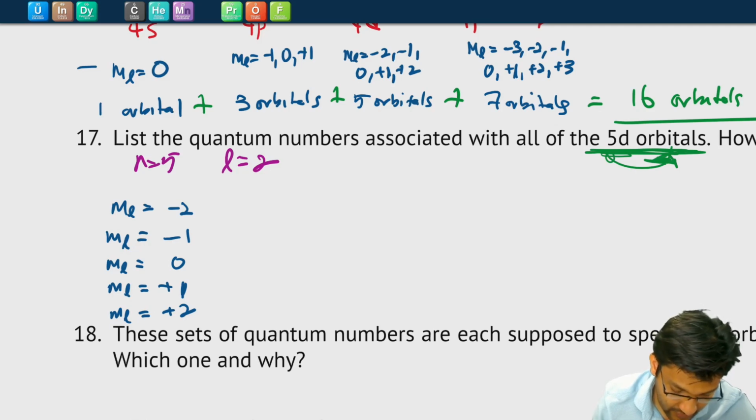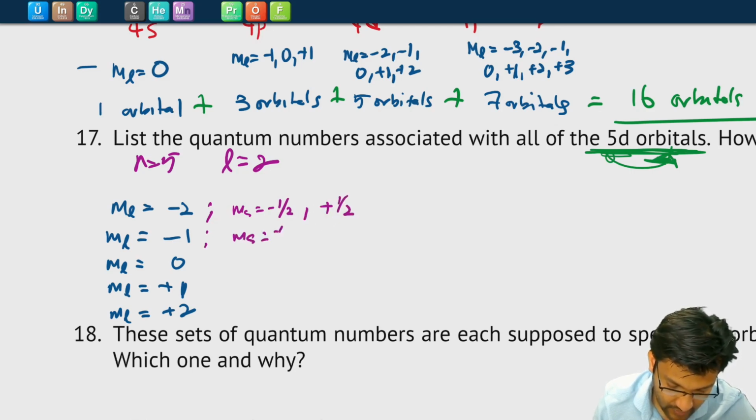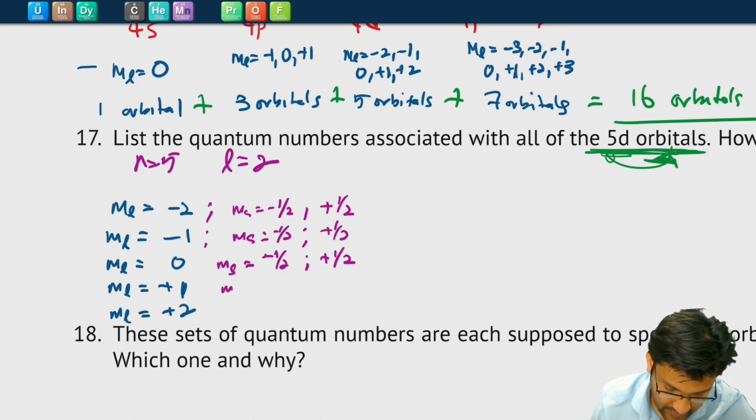And then for each of those, you can have an MS equals -0.5 or +0.5. So every single one of these will be a -0.5 or +0.5. Those are different options we can have for MS.